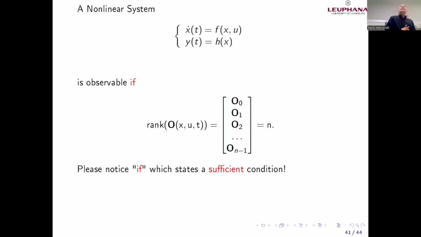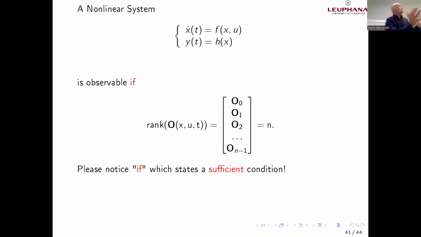This means if this is satisfied, also under some condition, we can say, this is important because it's constructive nevertheless. It's constructive because we can find some condition under which the rank is satisfied, but we say just if it is observable. If this condition is not satisfied, we cannot conclude anything because it is a sufficient condition.